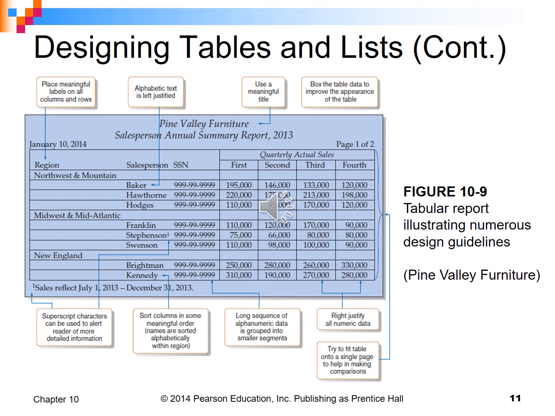They hyphenate it. Sort column: it has Brighton, or Brightman, and Kennedy, so B, then K. The one before it, F and S and S. Stevenson comes before Swanson, SD, then SW. There is a place for a meaningful label, region, salesperson, etc. So this has a lot of guidelines, which make it easy to use and user friendly.